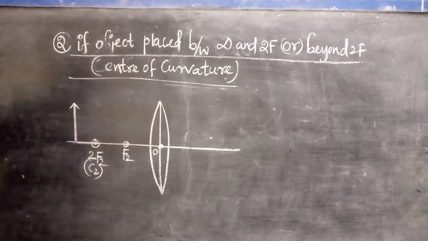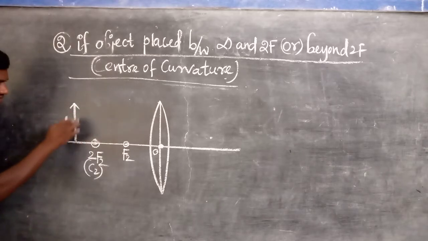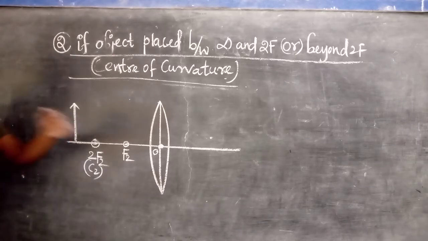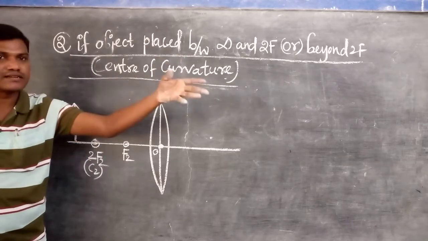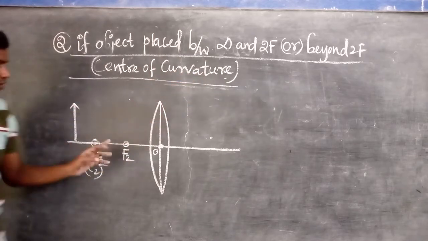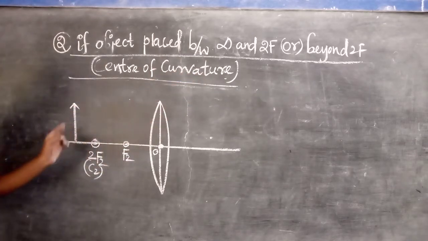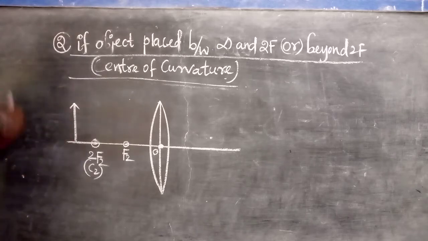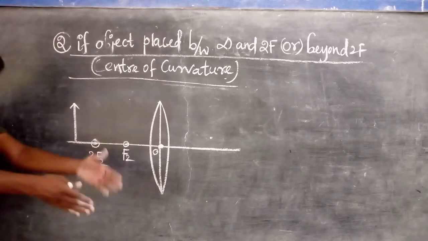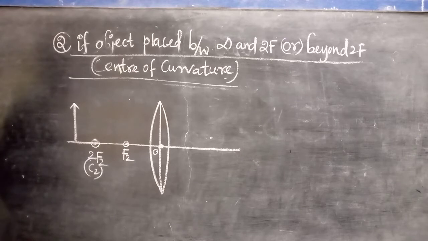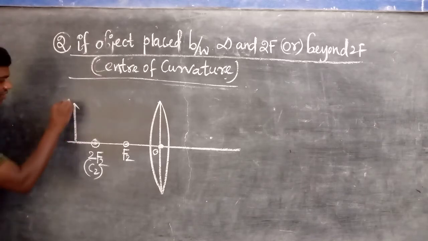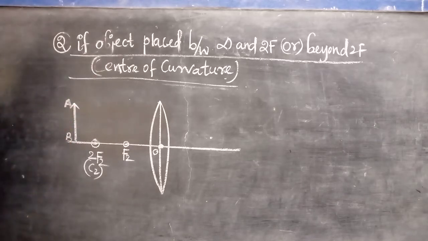This arrow mark on the principal axis we can say is the position of the object. It can be a tree, or a person, or anything. So beyond 2F, it is in an erect position, like we stand on the surface of the floor. That's right. So the position of the person is represented by this. A, B: the upper portion and the lower portion.